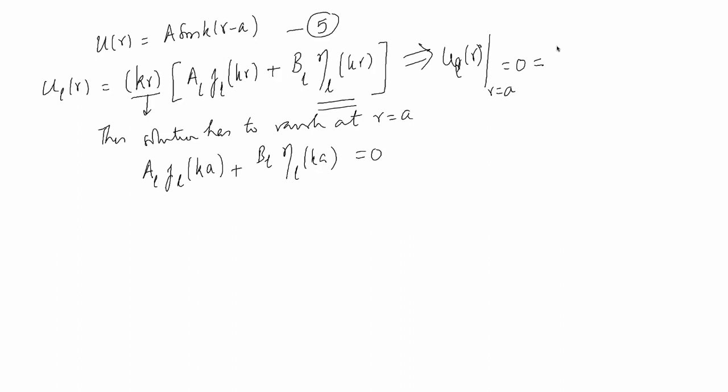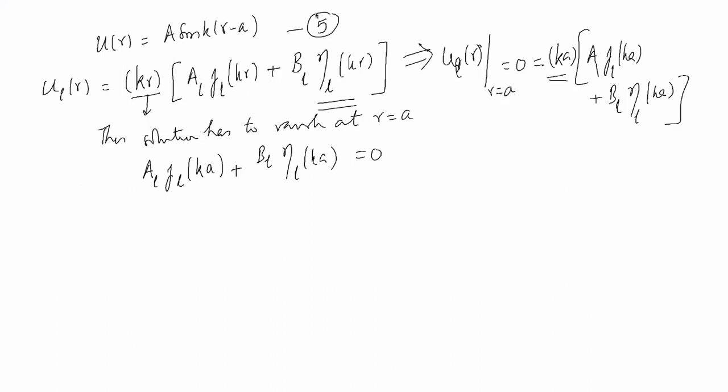Okay, therefore A_l j_l(ka) plus B_l eta_l(ka), just I am writing it over here. This is A_l j_l(ka) plus B_l eta_l(ka). This should be equal to 0.